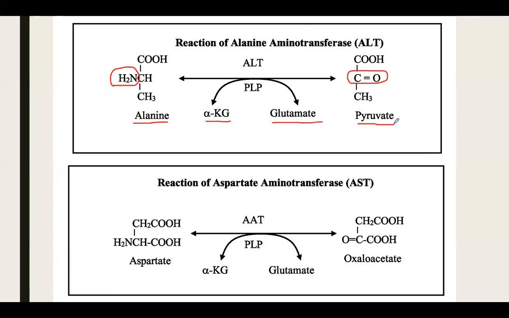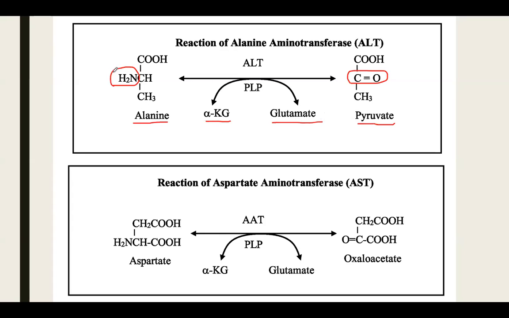Again, the amino group is accepted by alpha ketoglutaric acid, translocated and given to it, and it is converted to glutamic. We have studied alpha ketoglutaric and glutamic in the citric acid cycle.